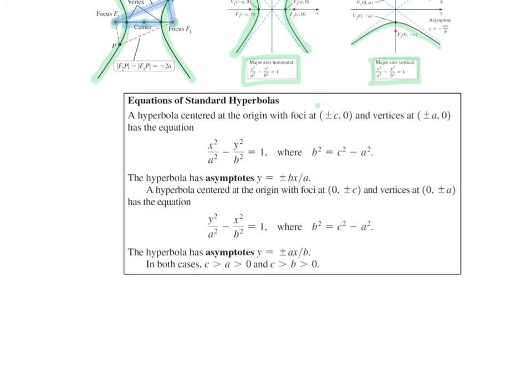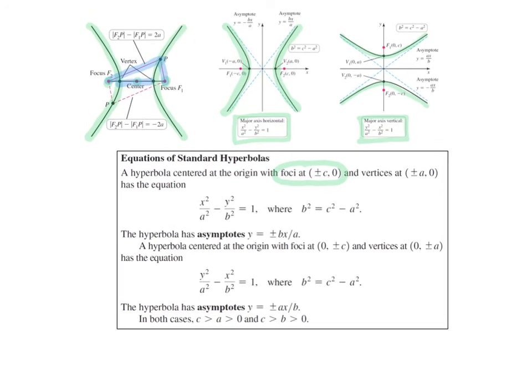Our foci, if it's plus or minus c comma 0, that means the foci, and if we look at these diagrams, the foci are in the middle. So if the foci are x values, that means the foci are on the x-axis, and so will the vertices be on the x-axis. And in that case we have the equation x squared over a squared minus y squared over b squared equal to 1.